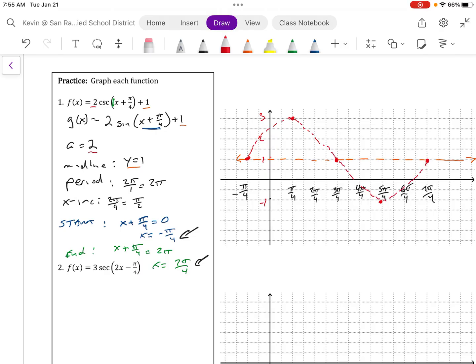So I have now graphed the buddy, the sine, using the different transformations: amplitude of 2, midline of 1, shifted left pi over 4. I now can put in my asymptotes. That's where my graph crosses the midline. And then at the maximum, I'll put one here too.